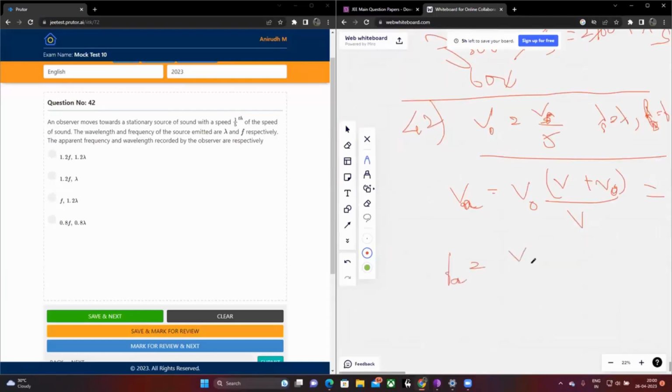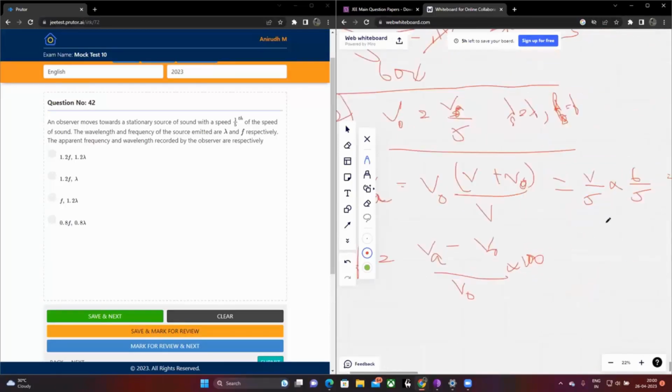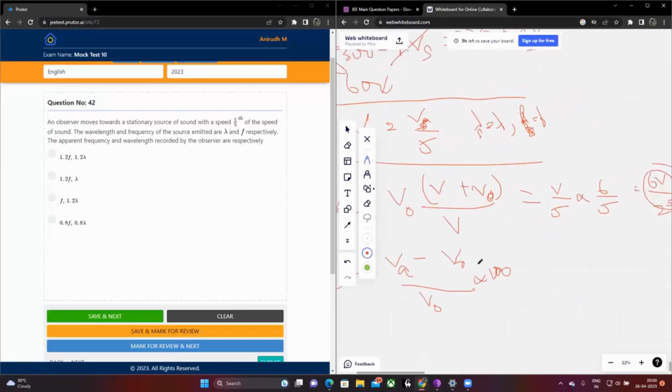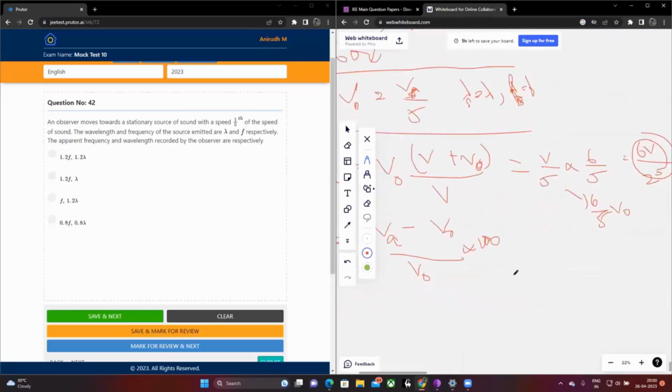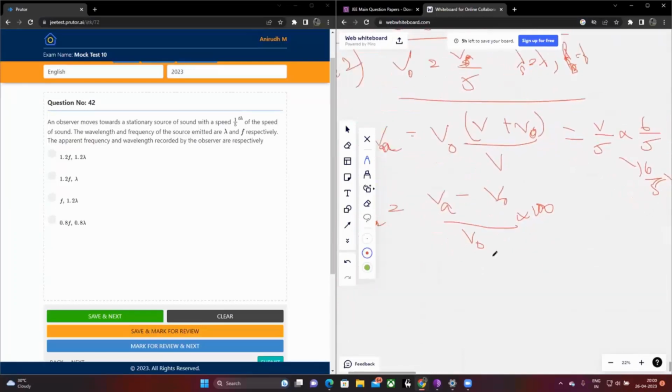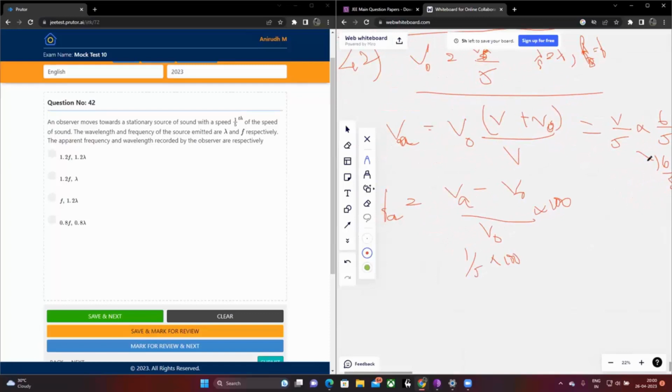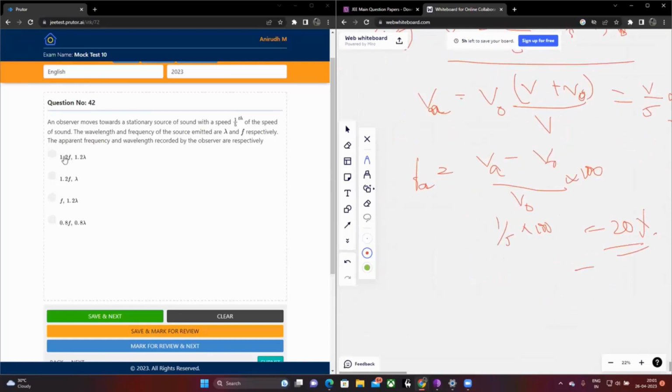The percentage change is (apparent minus VO) by VO into 100. This is basically 6 by 5 VO, so this is 1/5 of 100 because it's 6 by 5 minus 1. This is basically 20%, right? So if F increases by 20%, then what happens to lambda?